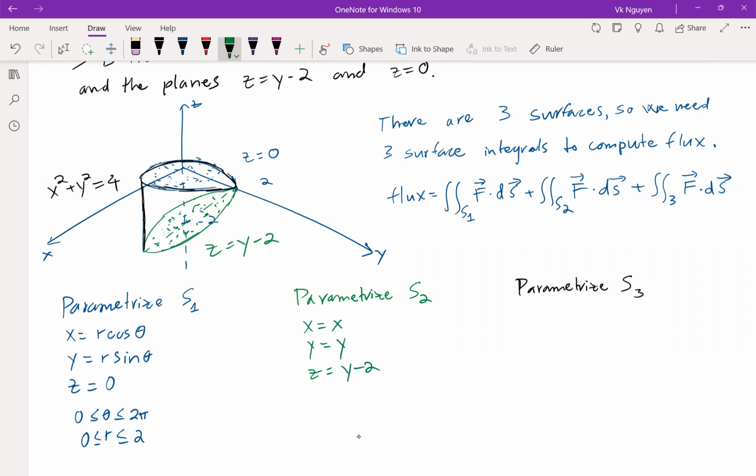Later on you have to use a different coordinate, but if you do y to be negative root of 4 minus x squared to root of 4 minus x squared, and x is going from negative 2 to 2, right?